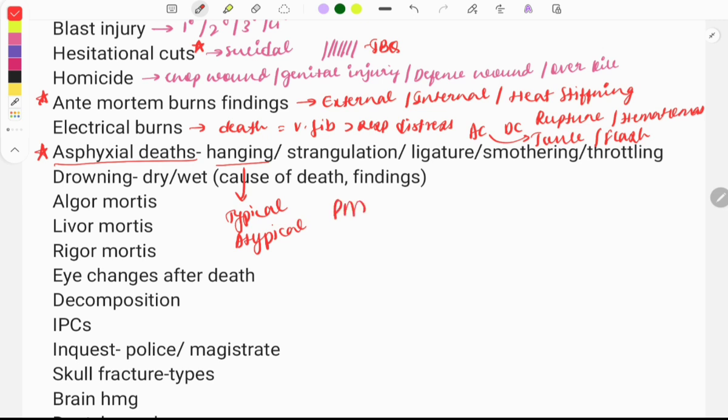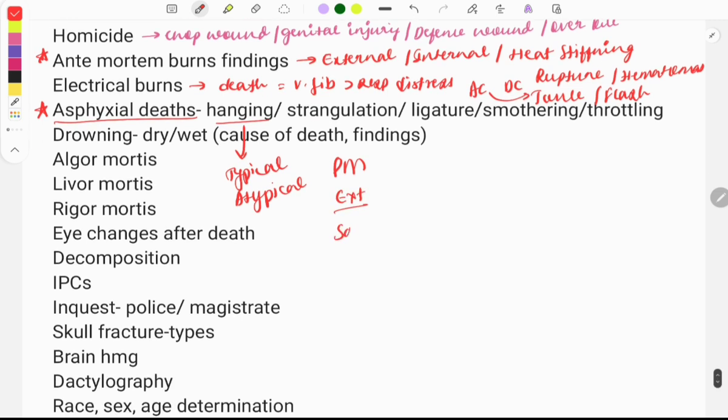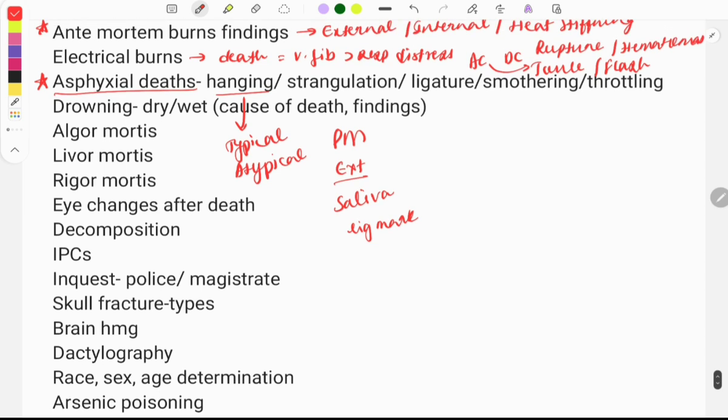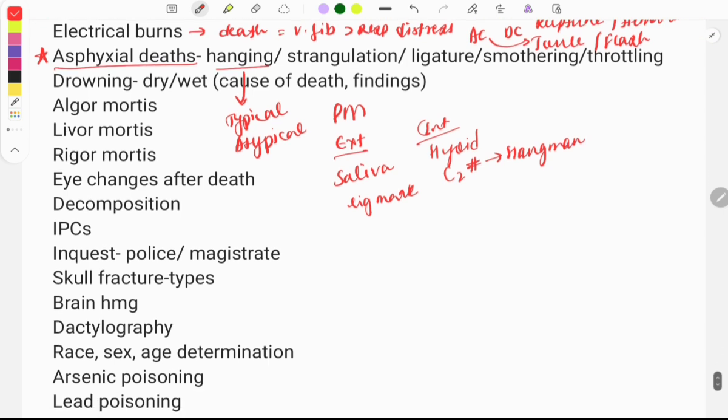Questions are asked on this, like externally, you can see certain features like the saliva dribbling from the mouth, then the ligature mark, and the facies sympathetica, and the internal findings like the fracture of the hyoid bone, then the C2 fracture. If there is fracture of the C2, then it is called as the hangman fracture, seen usually in the custodial death. Then there is a carotid artery tear and Simpson's hemorrhage.